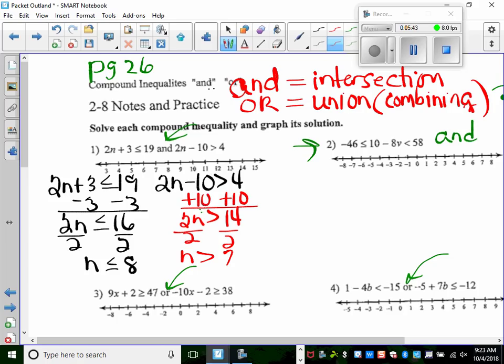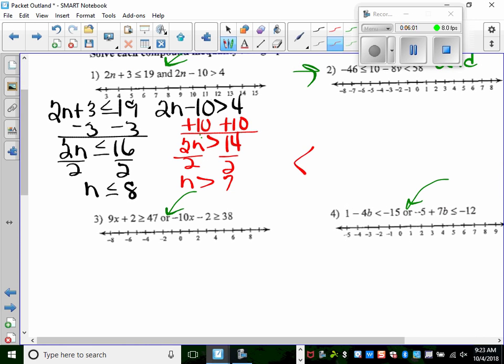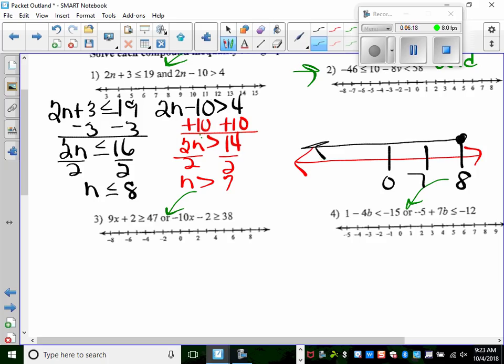Notice here, I have 8, which will be shaded to the left. And then I have 7, which is shaded to the right. Let me let you see where they overlap, and then we'll do the answer graph. Take a look up here. You don't need to write this part down, but this just gives you a visual as to what's going on. So let's say this is 7 and this is 8. 8 has a closed circle and everything less than that is going in this direction.